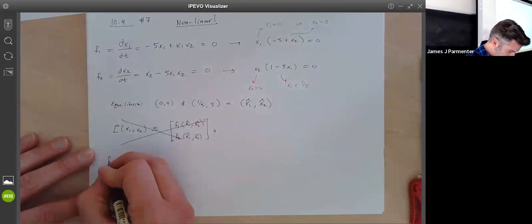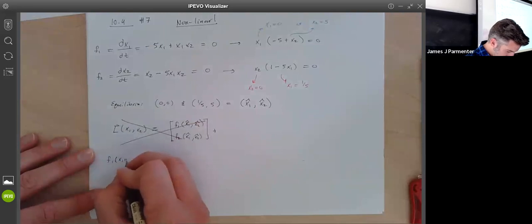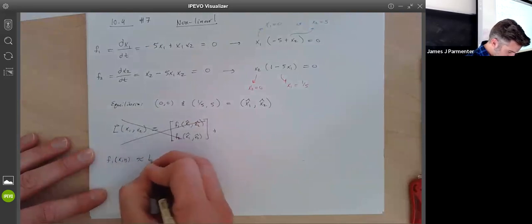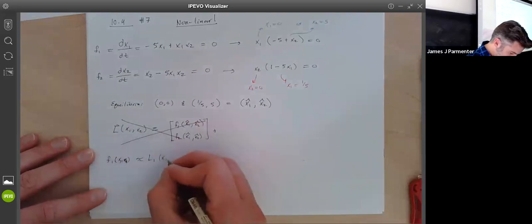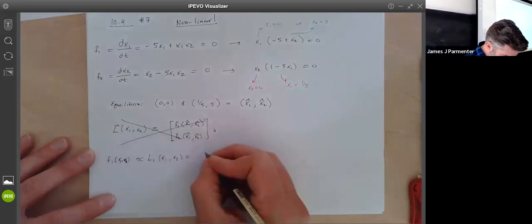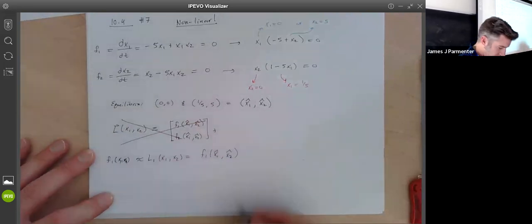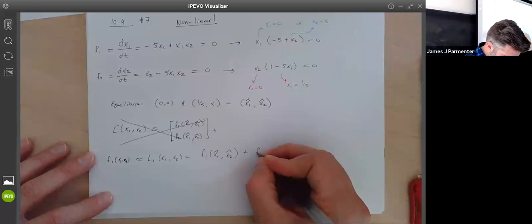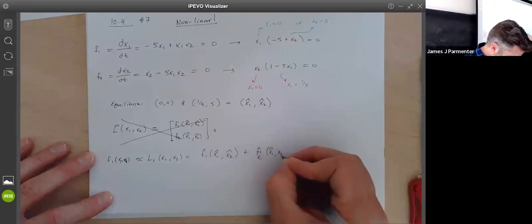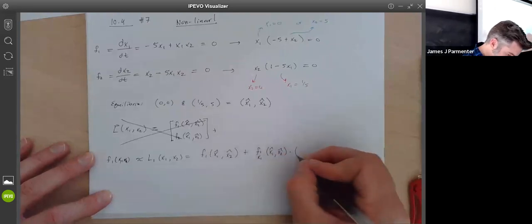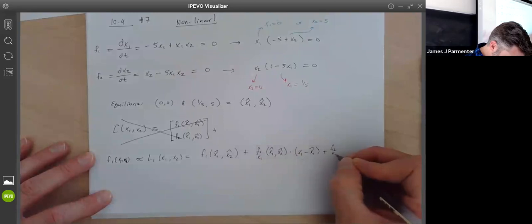So for F1, the linearization is going to be, sorry, I always want to use X and Y. It's going to be F1 evaluated at the equilibrium plus the partial of F1 in the x1 direction evaluated at the equilibrium times x1 minus x1 hat, plus the same thing in the x2 direction.